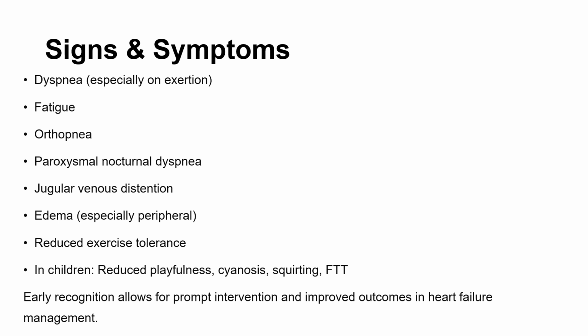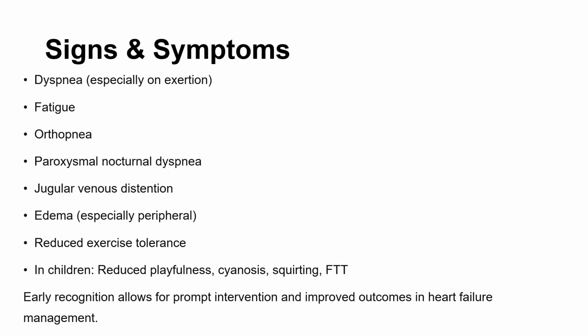Because in tetralogy of Fallot, we have the ventricular septal defect, blood mixes through the ventricles, and with this increased resistance, blood reduces its mixing in the ventricles, it goes to the rest of the body, more oxygen is delivered, and they feel better. So these children will prefer to squat. This is what we'll talk about in pediatrics a little bit later on.